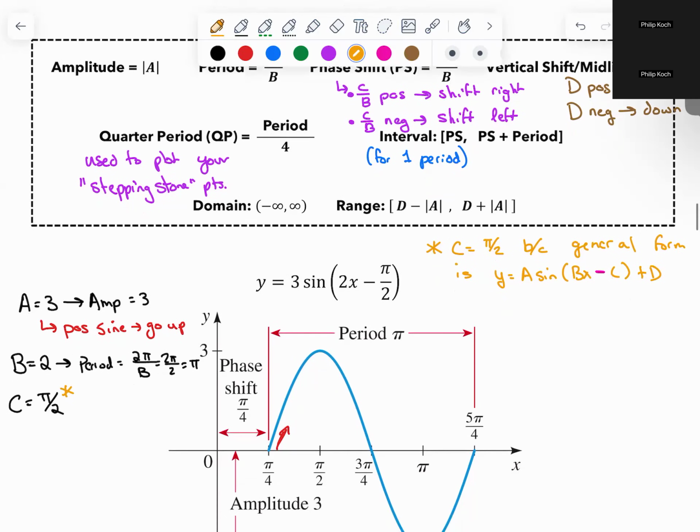So that means the phase shift is going to be c over b. And once again, I don't think I explained this in this class yet. Here's a nifty little trick about learning. If you have to memorize a formula, the best way to learn it for free is to rewrite the formula every single time you do a problem.